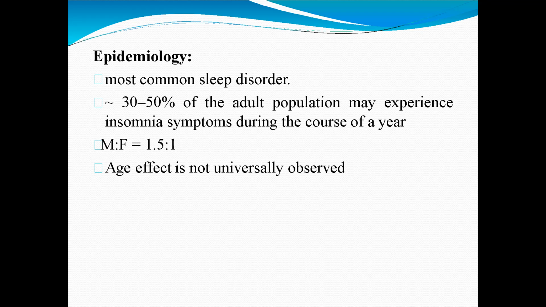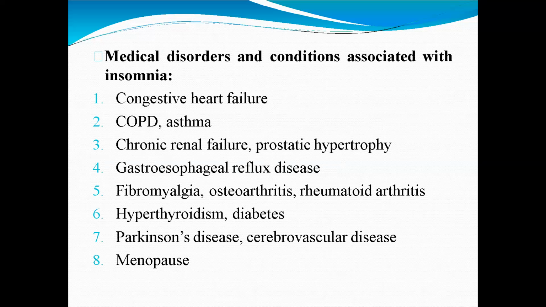In the male to female ratio, the ratio is almost 1.5 to 1, so it is higher in males. The age effect is not universally observed, so any age can be affected, and usually older people suffer from this more commonly, but adults also get affected.